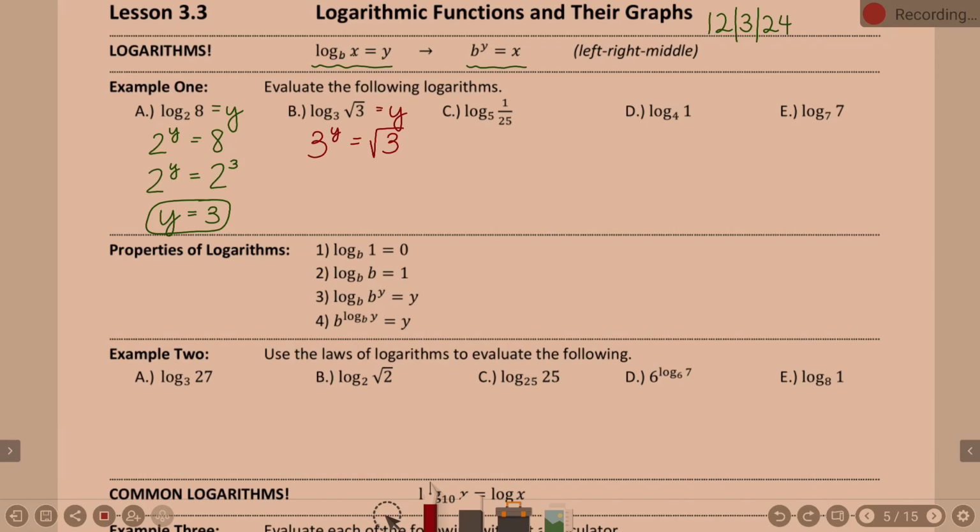What is the square root of 3 rewritten with a power? The square root of 3 is also 3 to the 1/2, yes? So you can say 3 to the y equals 3 to the 1/2, or in other words, this log is equal to 1/2.